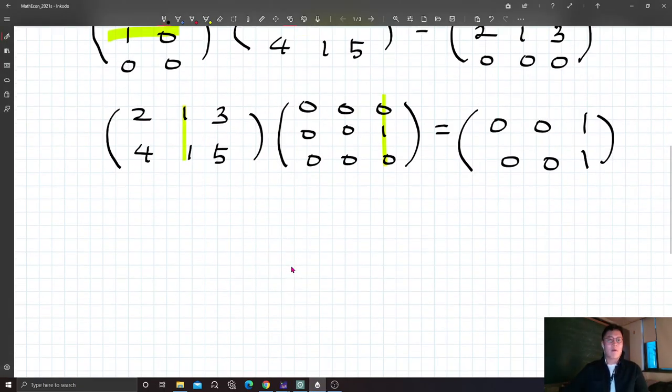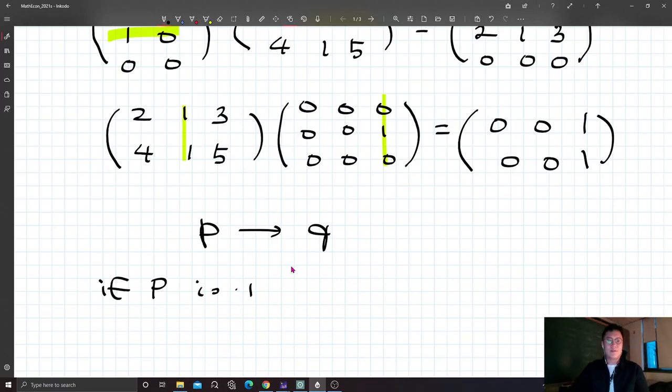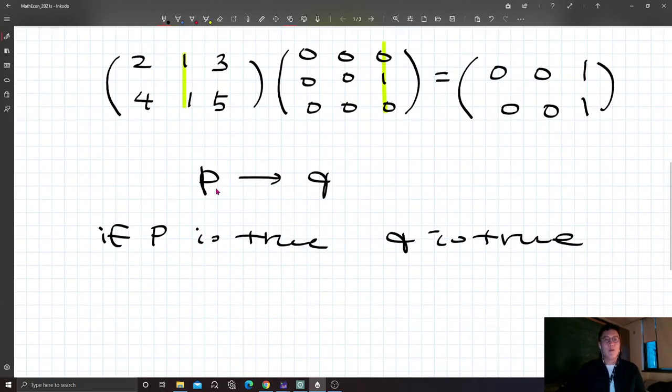Think about one mathematical statement: P implies Q. So if P is true, then Q is true. We say P is the hypothesis of the statement, and Q is the consequence of the statement, right? Then P is a sufficient condition for event Q.